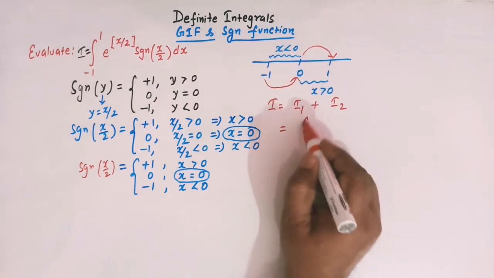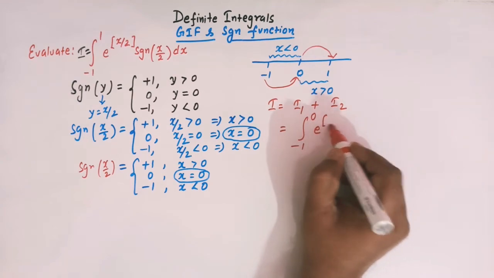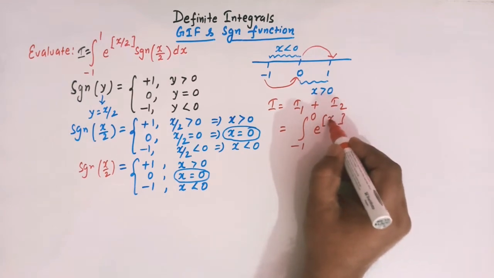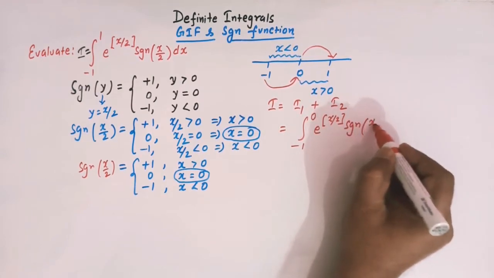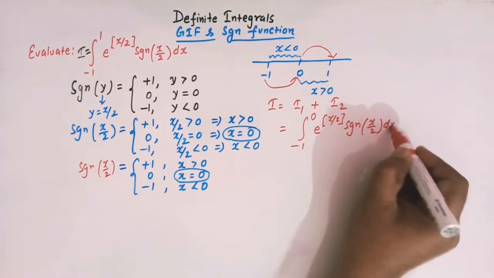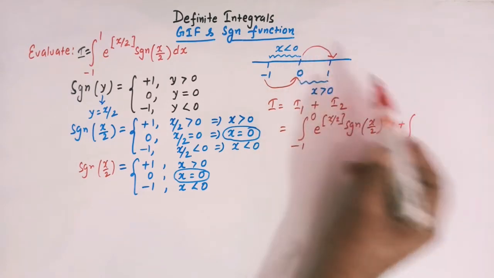So I1 is from minus 1 to 0, and we have e raised to greatest integer of x over 2, and here we have signum of x over 2 dx, and here I2 is from 0 to 1, right?